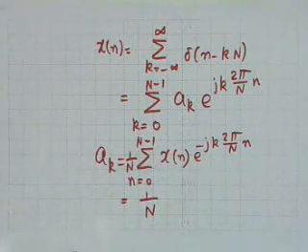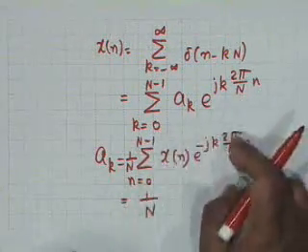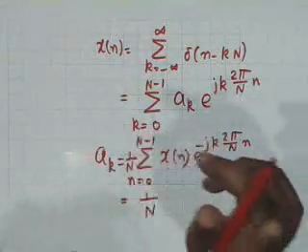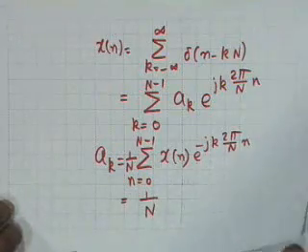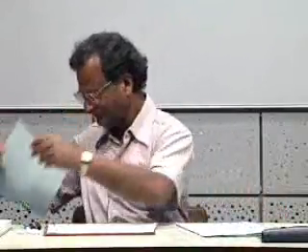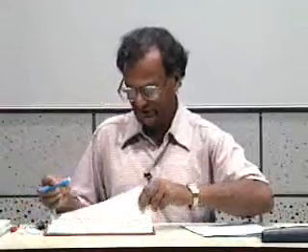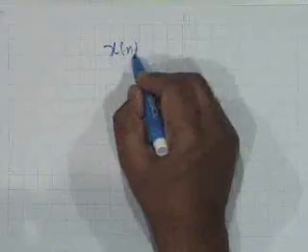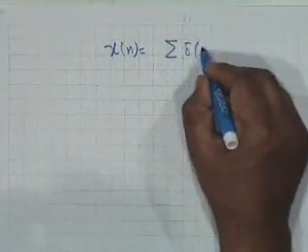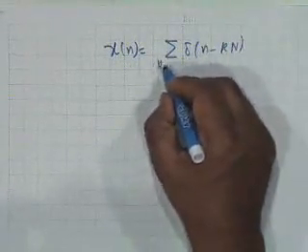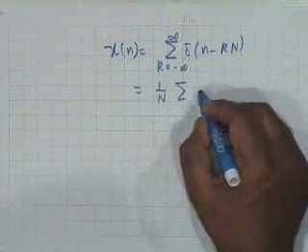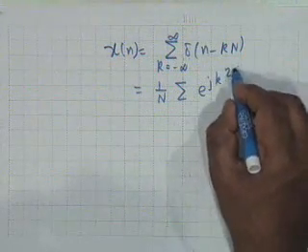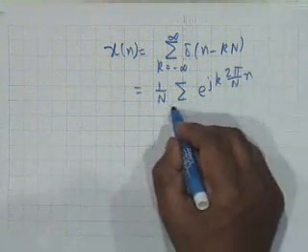All right. This exists within this period, only one sample delta n, and therefore the summation is simply equal to 1 by N. In other words, the Fourier series expansion of this periodic repetition of impulses, that is delta n minus kN, k goes from minus infinity to plus infinity, is simply 1 by N summation e to the j k 2 pi by N times n, where k goes from 0 to N minus 1.